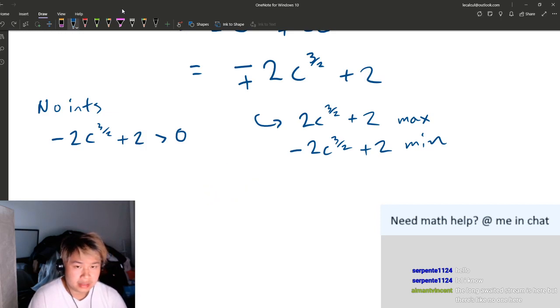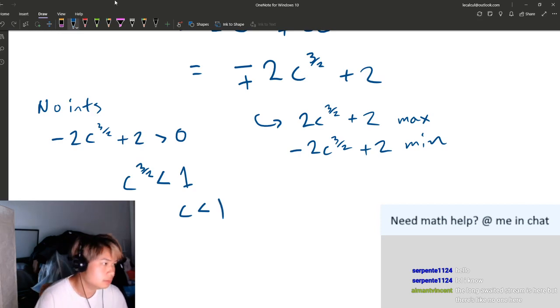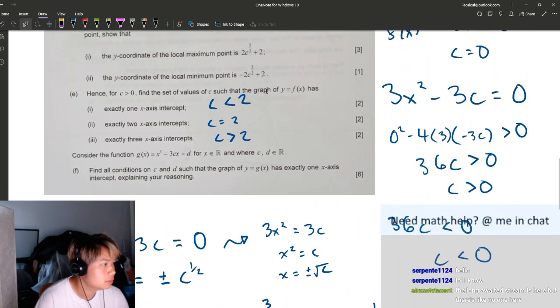So solving for c, what do you get? You get c to the power 3/2 needs to be less than 1. In other words, c needs to be less than 1. Oh, maybe it's not just 2 then.